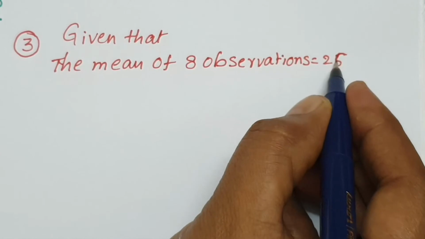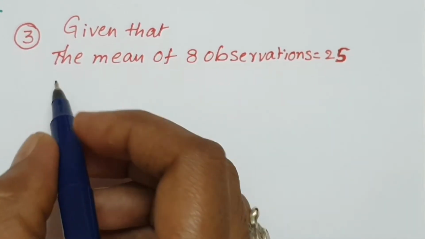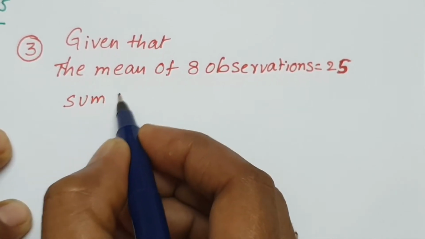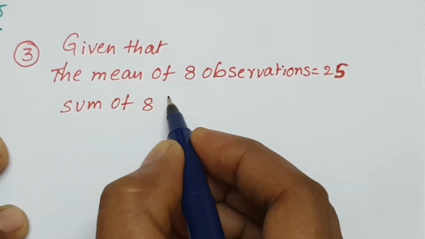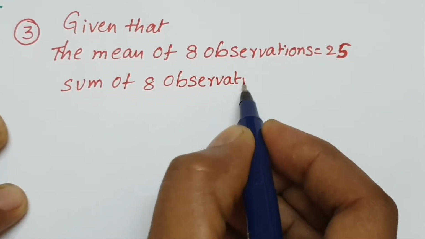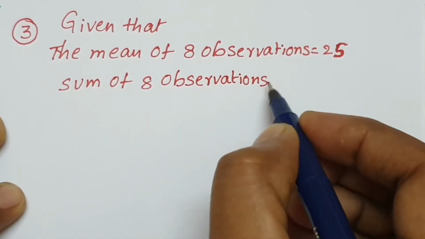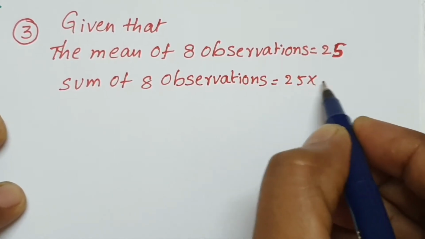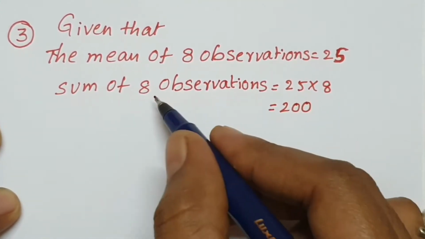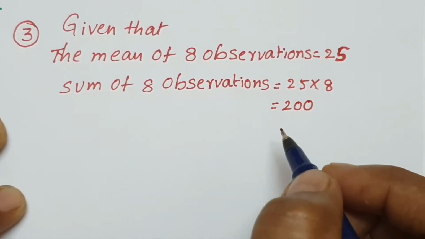Mean means sum of observations. Sum of 8 observations equal to 25 into 8 equal to 200. Sum of 8 observations is 200.